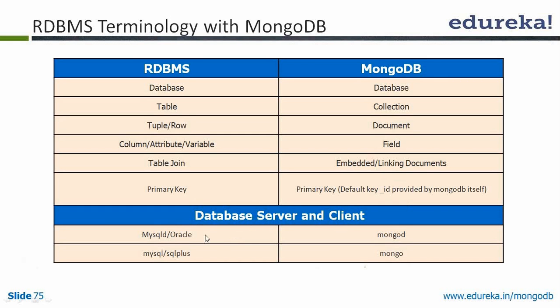If we talk about the database server, in Oracle we say Oracle, or mysqld in MySQL. Here we say mongod. For the client in Oracle we say SQL*Plus. In MySQL we say mysql. And here we say mongo. So mongod is the database server, mongo is the client.